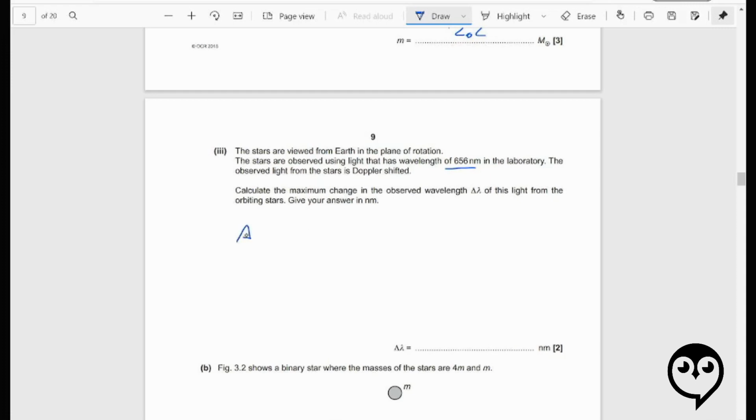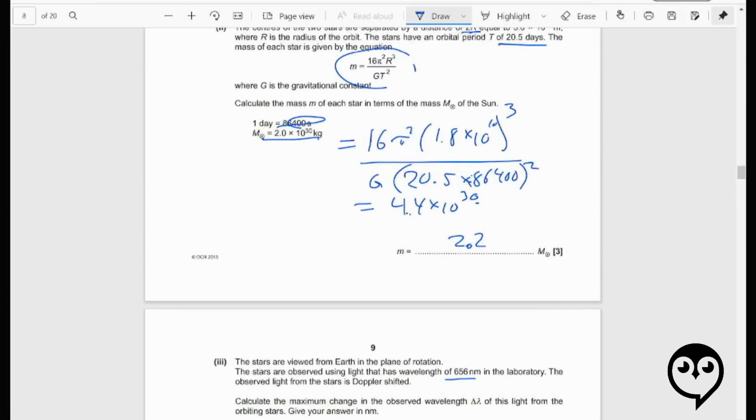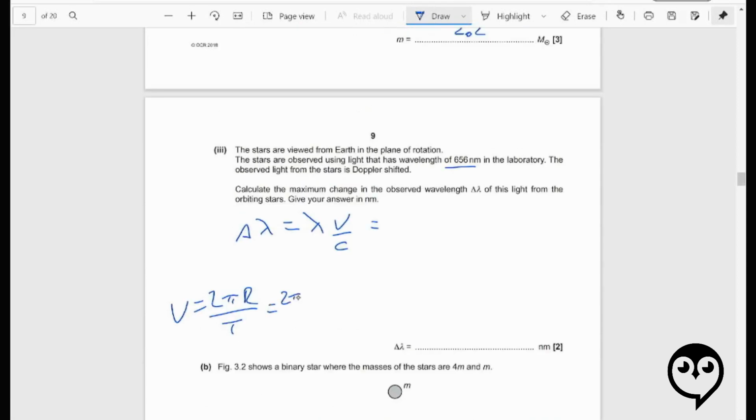Okay, so we're going to multiply by our ratio of the speed of light there. The question remains, what is the velocity? Our velocity is just going to be the circumference divided by the period. They gave us the radius, they told us the period, and there we go.